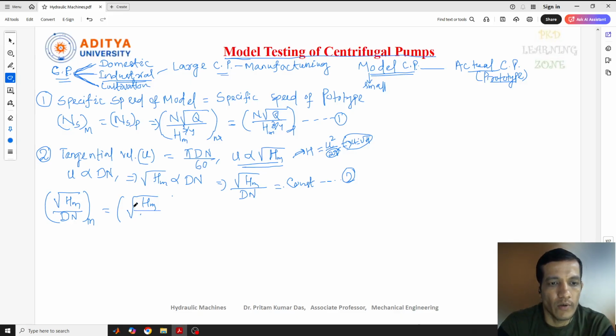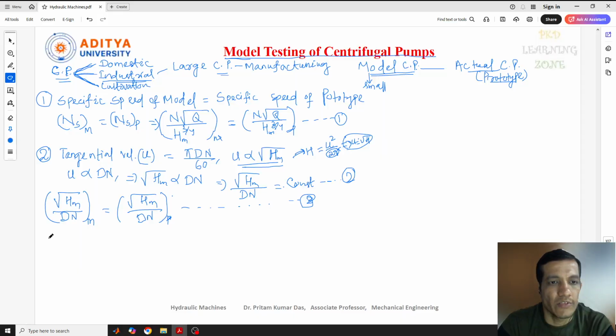This is not the whole root, only the root over of the numerator will be there. So again, root over of hm by dn for the prototype, and this can be equation number 3.